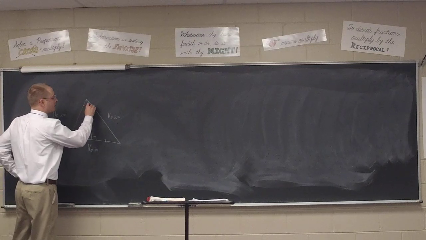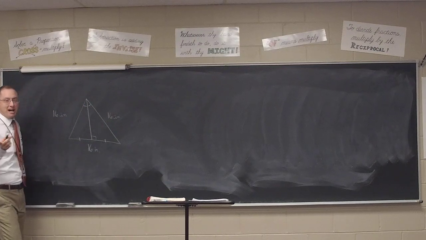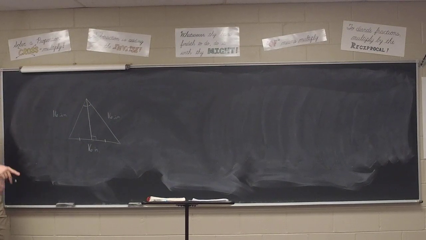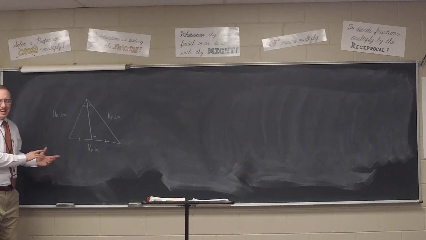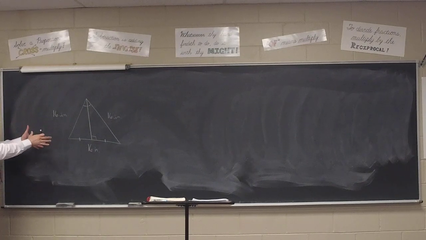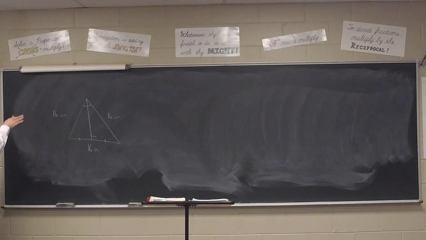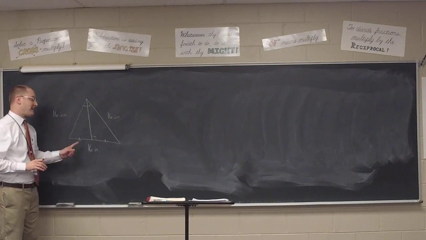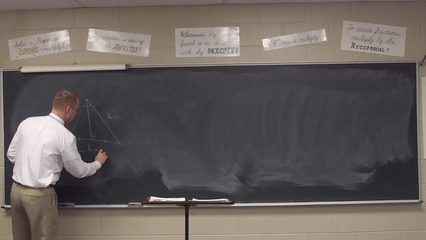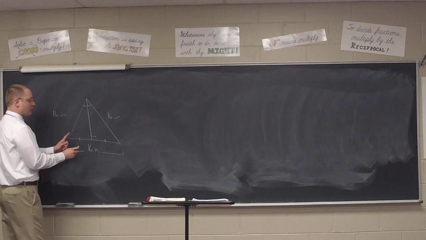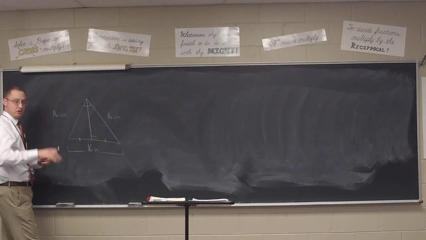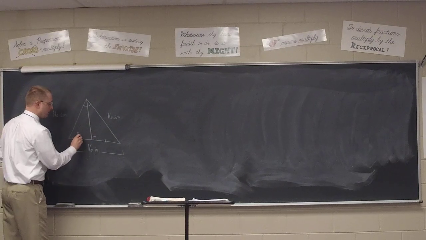It does bisect the vertex angle, which is why when Jamie said bisects the angle, I didn't say no, because it was true, even though that's not what altitude means. But in this case, the altitude will do that. It'll bisect the vertex angle. It'll bisect the base. Now, what's really key here is the fact that it bisects the base, because Genesis, if the entire base is 16 inches, then each piece of the base now must be 8 inches.